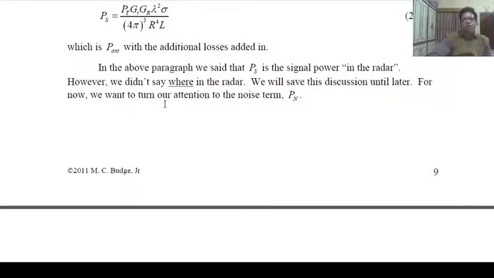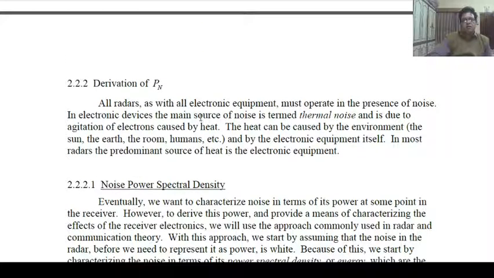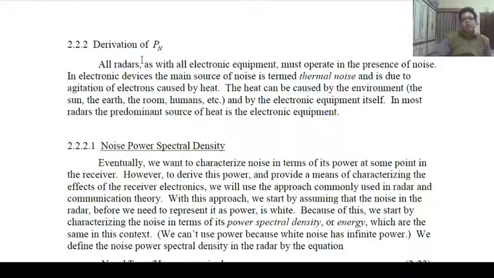For now, we want to turn our attention to the noise term here. Derivation of PN. All radars, as with all electronic equipment, must operate in the presence of noise in electronic devices.